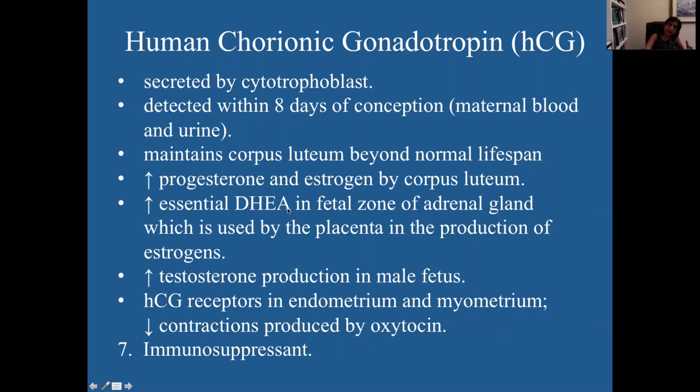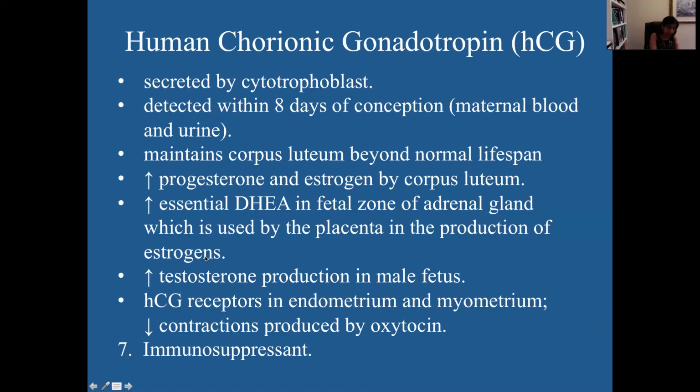dehydroepiandrosterone. That is the androgen that's typically made by the adrenal cortex, more in the fetal zone. This androgen is then converted into estrogens, which is used by the placenta in the production of estrogen.